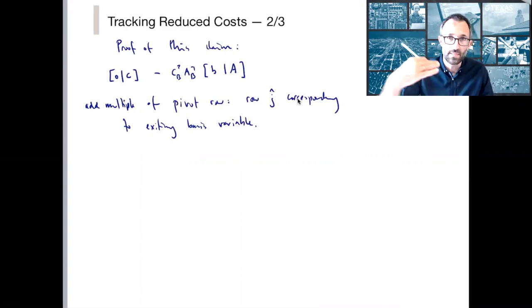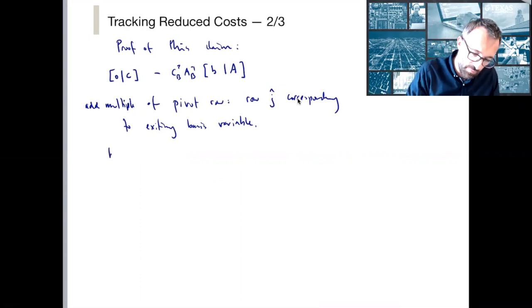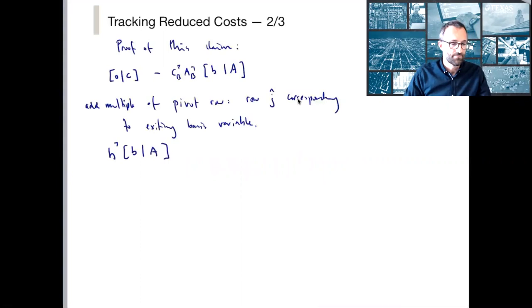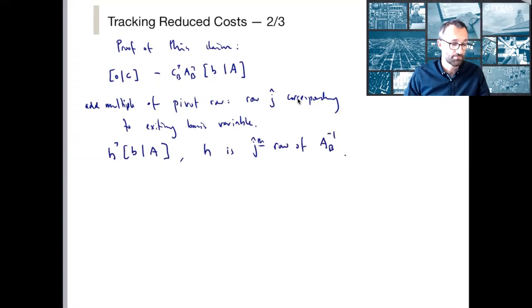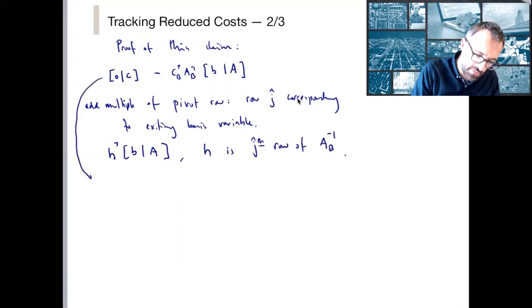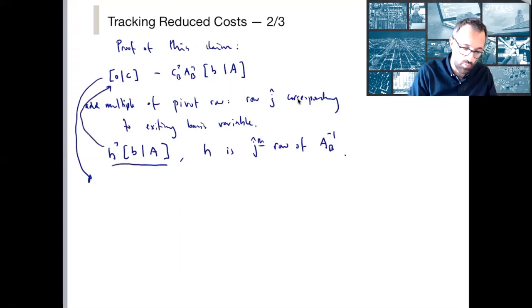This update, this jth row that we're adding, looks like some multiple of B and A, where H is the corresponding row of A_B inverse in our calculations. So once I add this to this row, what do I get?